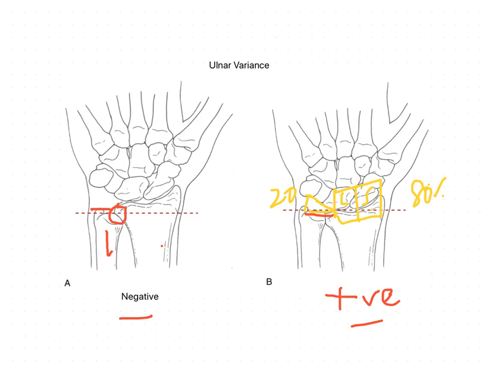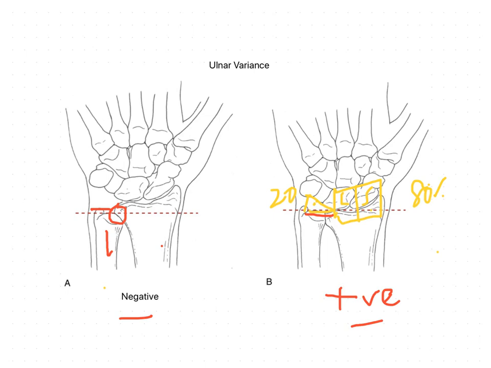Okay, so that means in positive ulnar variance a thinner fibrocartilaginous thickness can be observed, whereas in negative variance the space between them is increased and there is a chance of greater thickness of the fibrocartilaginous structure.